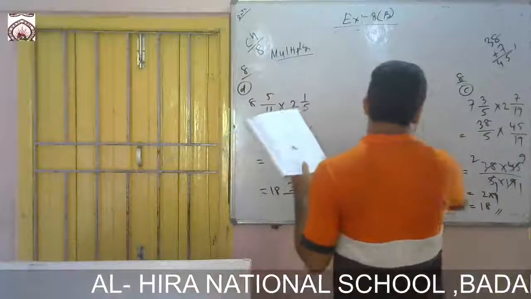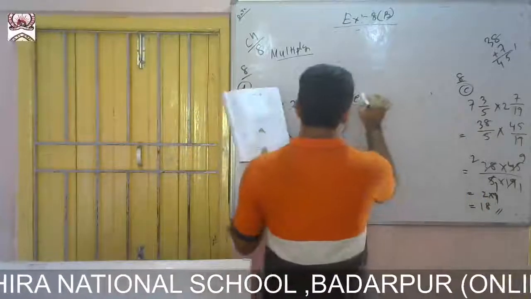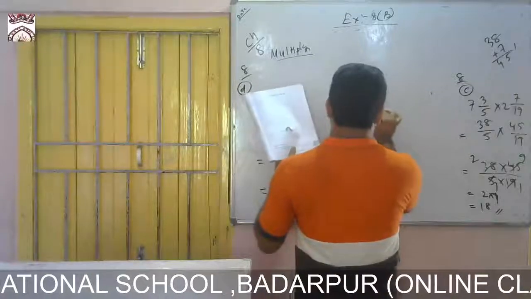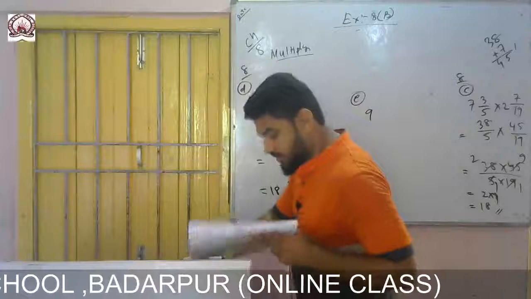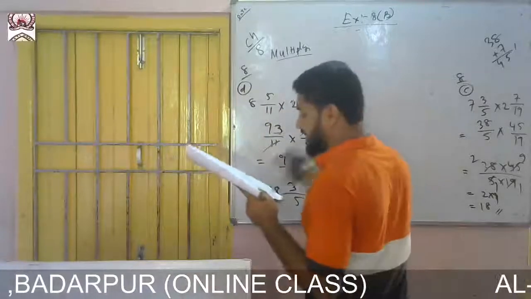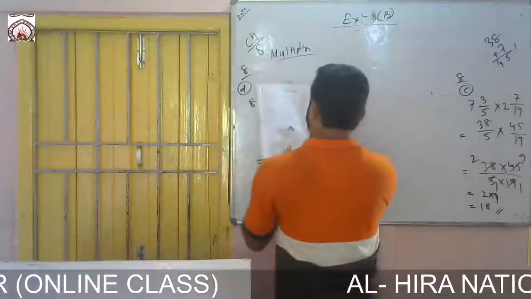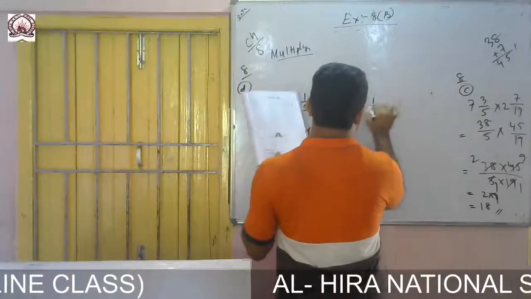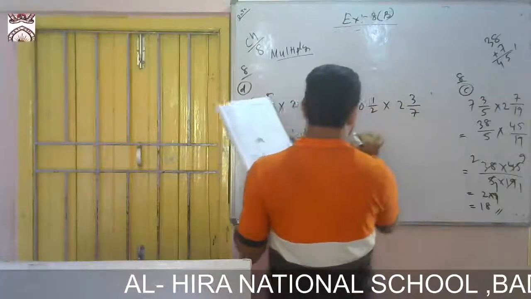Now come to E. E what is there? E not, come to F. Sorry, come to F. Last one, let me show both are fractions. So 10 1 by 2 into 2 3 by 7.